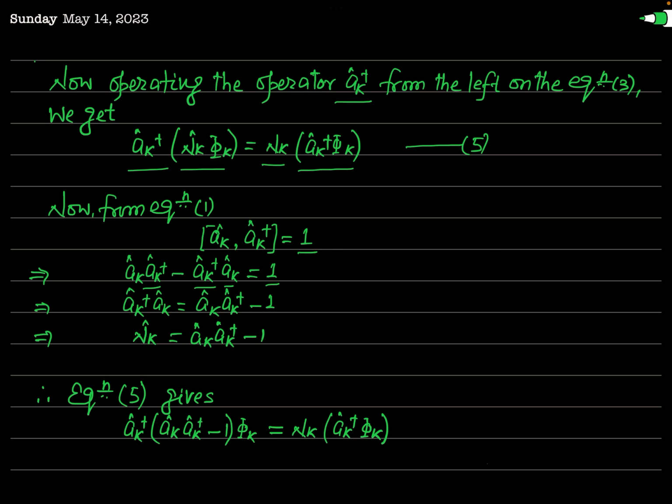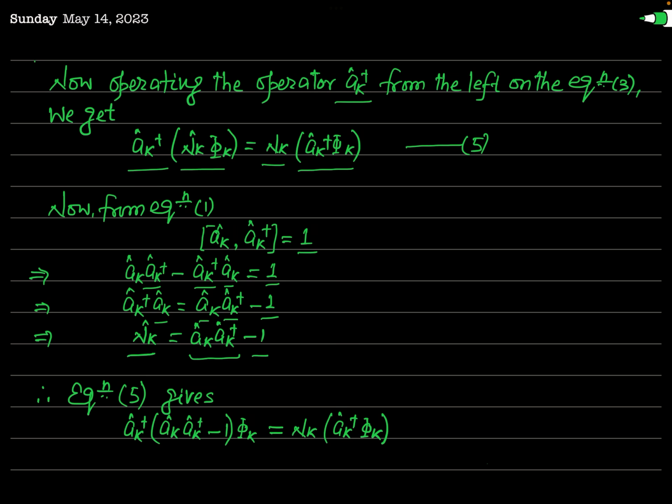So from here you can see that ak dagger ak will be equal to ak ak dagger minus 1. But as we have defined this number operator nk hat as ak dagger ak, instead of this ak dagger ak I have written here nk hat, and that is equal to ak ak dagger minus 1.